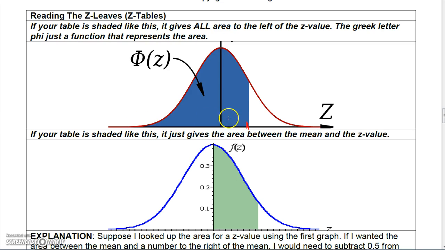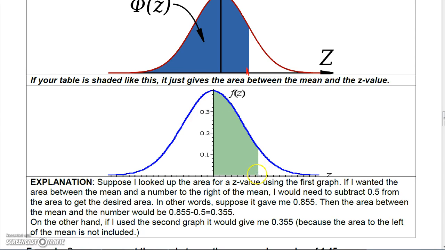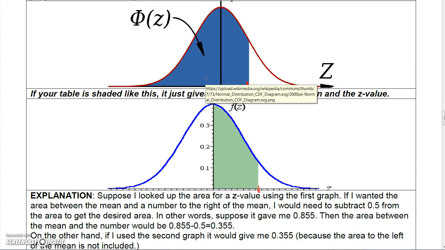So it'll give you this entire blue area. Whereas if you looked up 1.3 in a table that showed this picture, then that table is just going to give you the area from here to the mean. So in other words, these tables give you different areas. They'll do the same thing, but you've got to know how to read them.